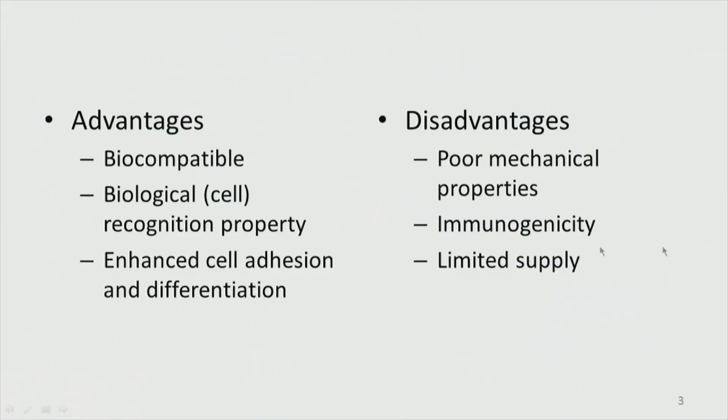So generally the cell adhesion and differentiation is excellent when compared to synthetic polymers, but they also have disadvantages: poor mechanical properties, they have immunogenic issues, like if you are taking material from animals, we can have contamination, toxicity, then limited supply. We cannot produce it in large supply like say polyethylene or polypropylene or polymethyl methacrylate in an industry. So obviously there is a limited supply.